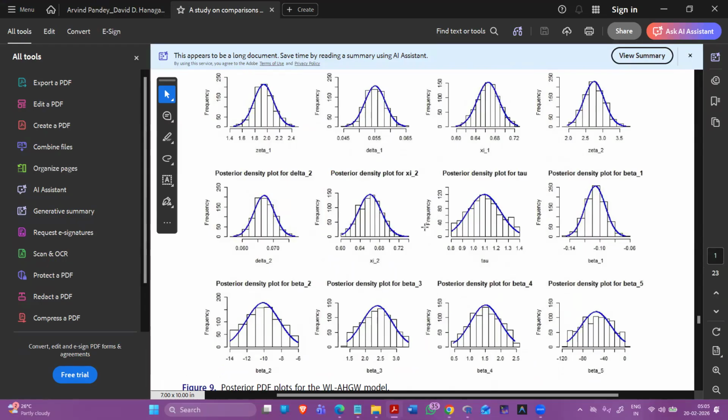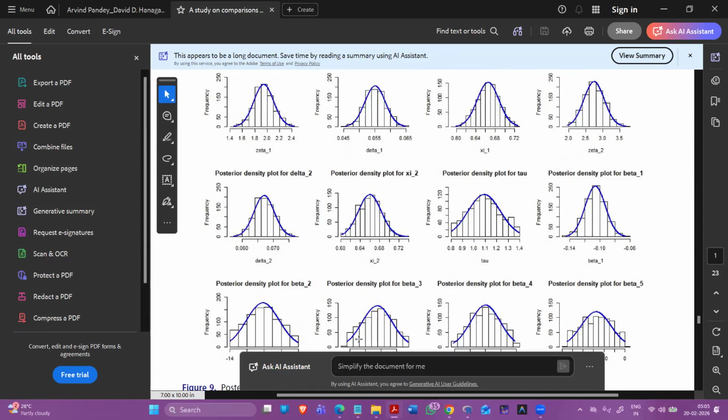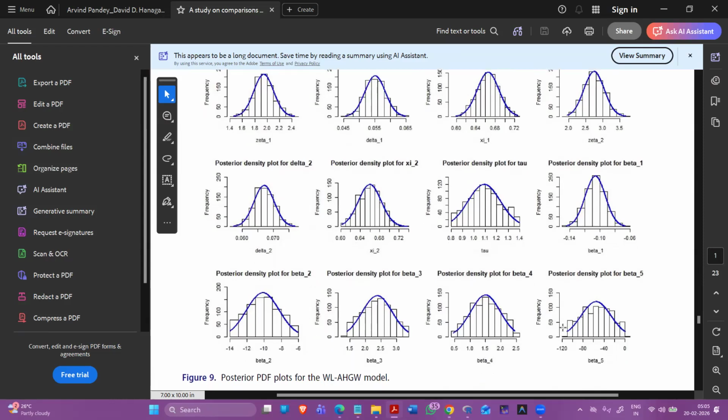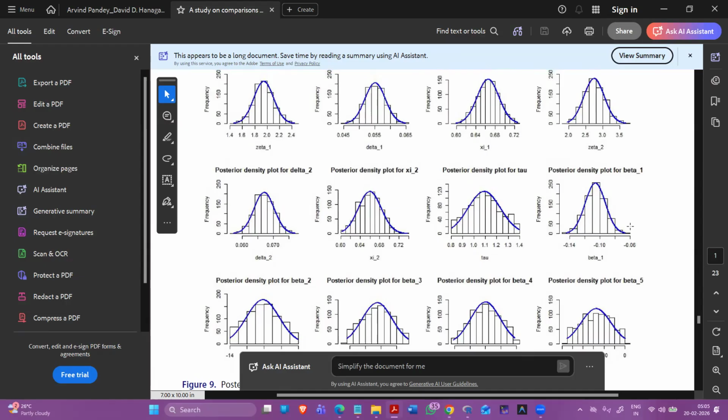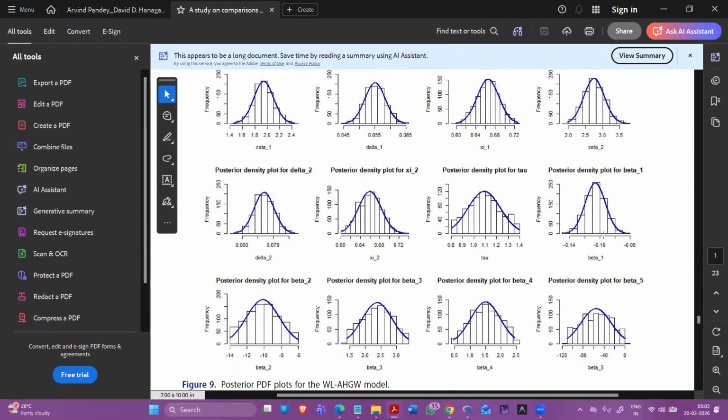What it means is basically what I did for each parameter. How many parameters do I have here? For 12 parameters, I ran the Metropolis algorithm, or whatever MCMC method I used, and found the chain of the parameters.